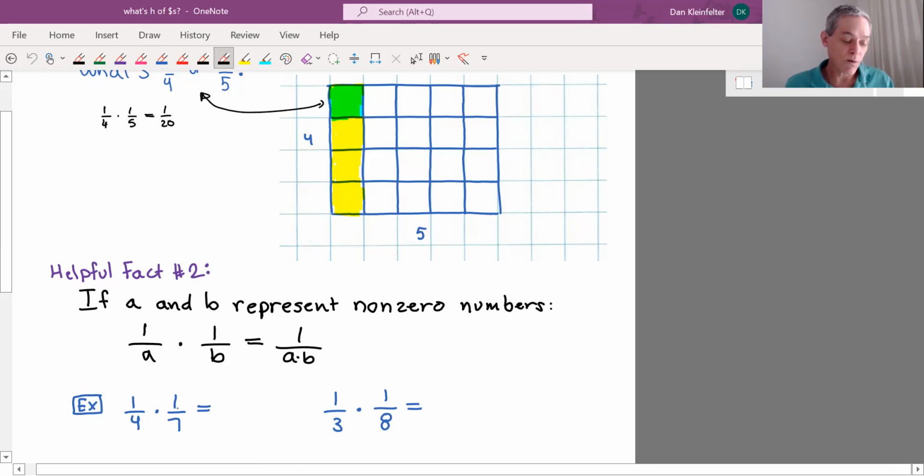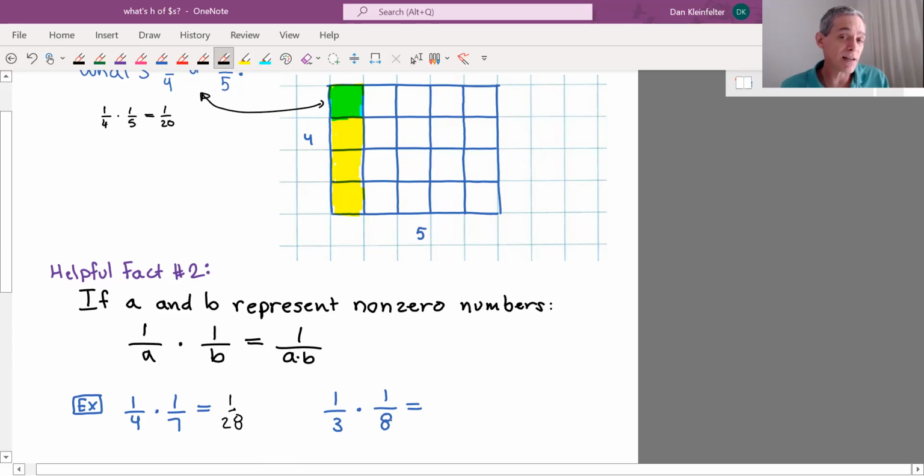We would take 1/7 of it, which would be that first column that contains 4 squares. And if we took 1 of those 4 squares, that would make 1/28th of the original rectangle that we had.